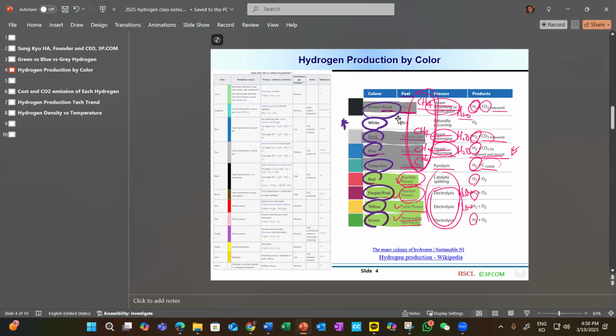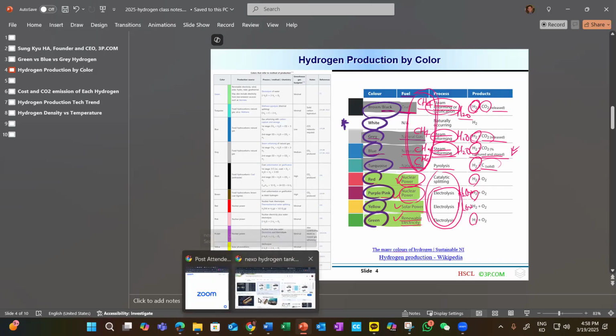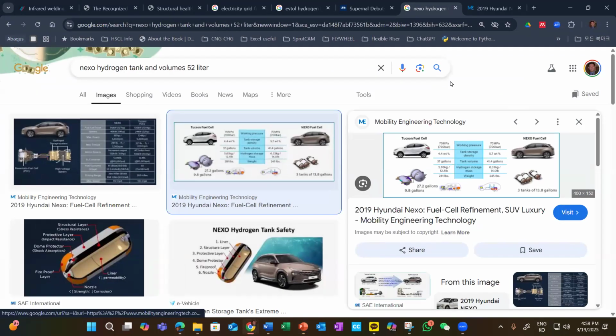But H2 is known to be very difficult to find from the Earth. So let's find more information about that one.